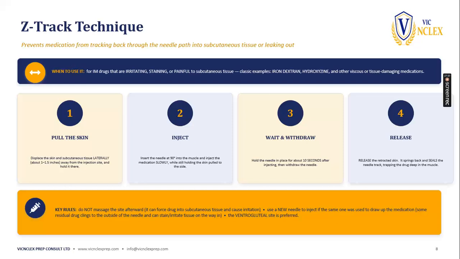Now, the Z-track method, we use it to give medication in order to prevent the medication from tracking back through the needle into the subcutaneous tissue and then leaking out. You will notice it. Sometimes, if you give artemether, you know artemether is oily. After giving artemether and removing the needle immediately, if you watch that area, you see the artemether as if it's coming back up.